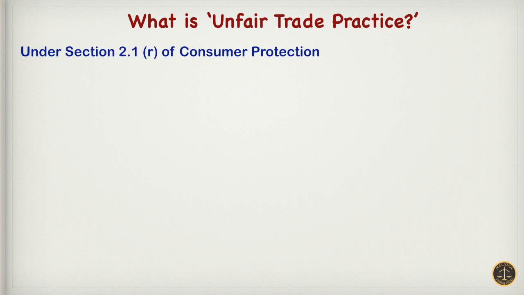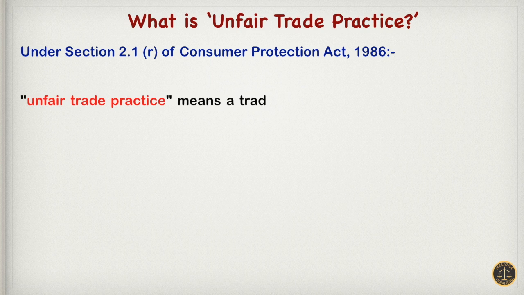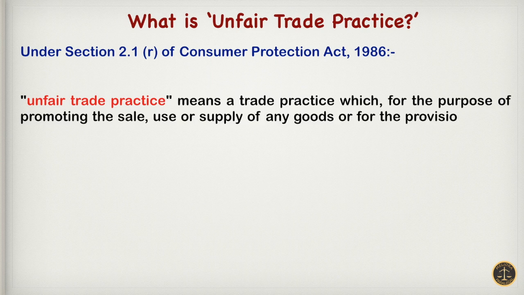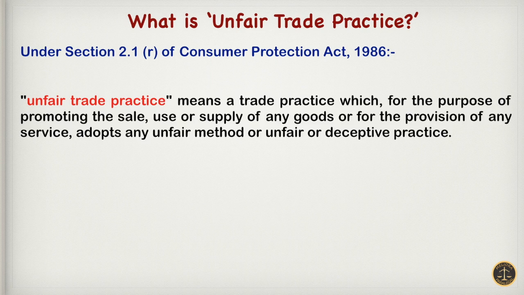Under Section 2(1)(r) of Consumer Protection Act 1986, unfair trade practice means a trade practice which, for the purpose of promoting the sale, use or supply of any goods or for the provision of any service, adopts any unfair method or unfair or deceptive practice.